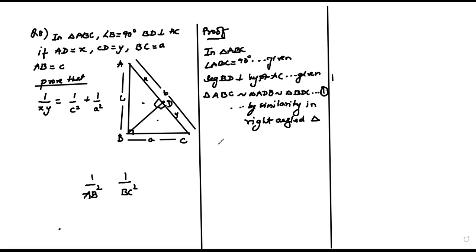ओके, so what I'm going to do, I'm going to rewrite those two triangles, triangle ABC, similar triangle ADB, and I call this as form 1. Got it?